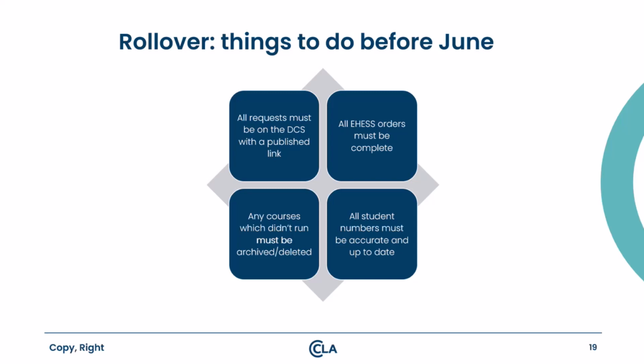Also, any courses which have not run this academic year need to be archived to make sure they are not included in this year's report. And all student numbers must be updated by the time your HAI rolls over.